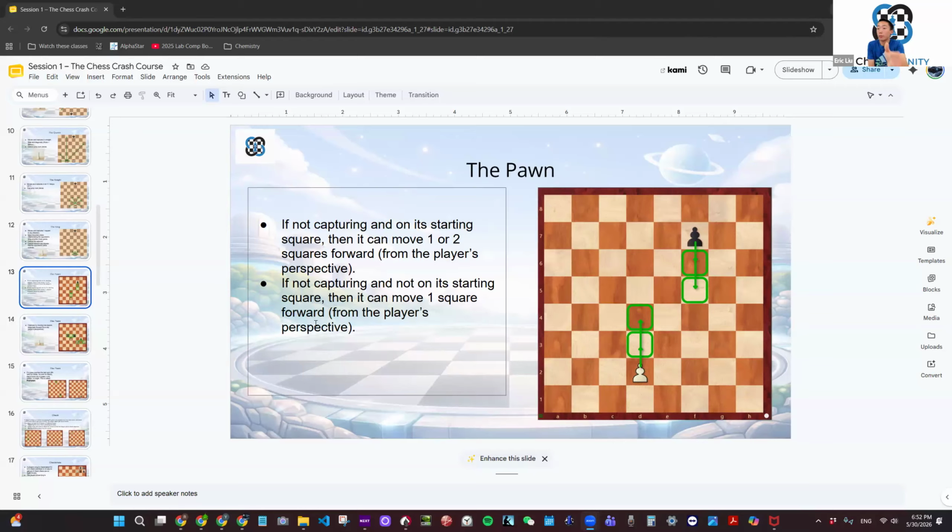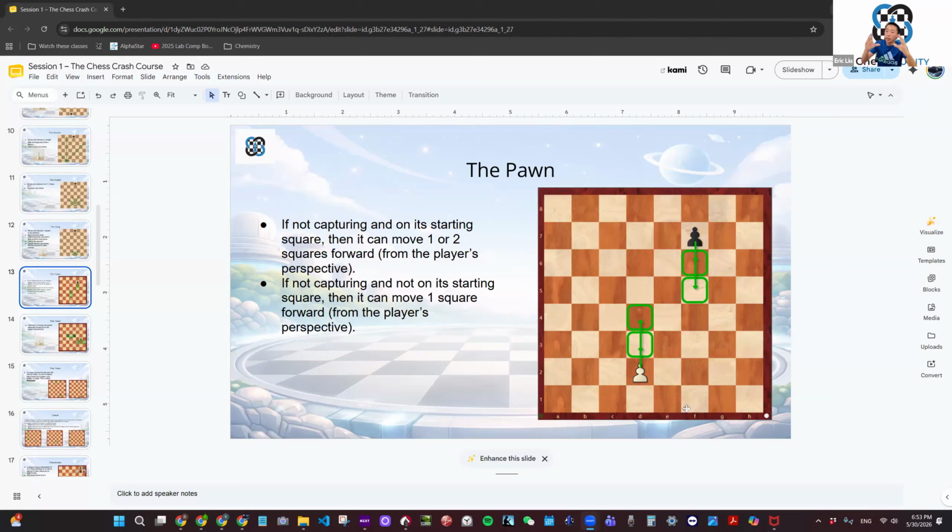And the pawn can only move up the board relative to the player. So you see the white pawn on d2, moving up means moving to the 8th rank. But the black pawn on f7, moving up means moving up to the 1st rank.